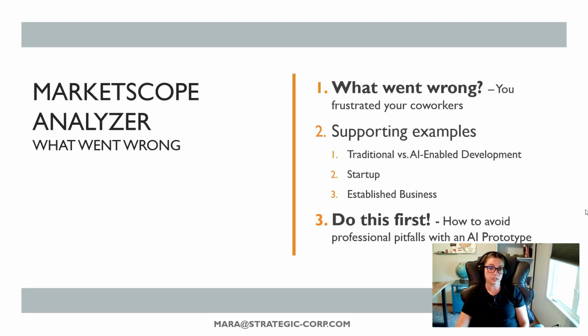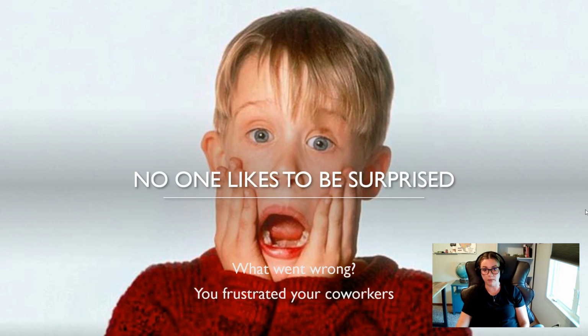Then we will talk about the differences between a startup and an established business and how they feel about the management of AI-enabled development throughout the organizational chain. And then we're going to talk about a few things that we can do first to avoid professional pitfalls within our AI prototype.